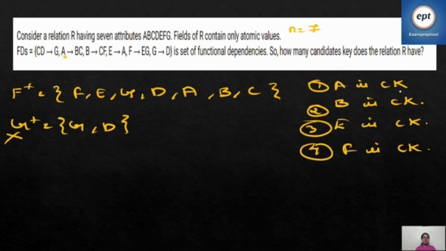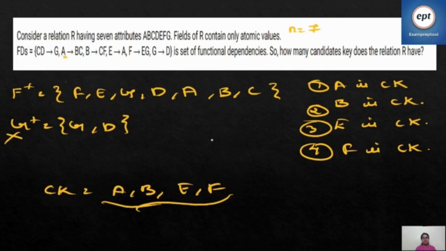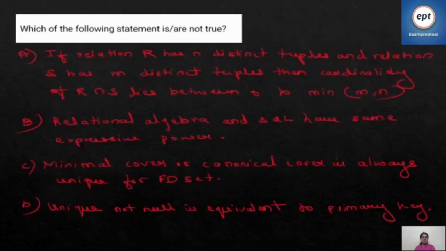So the candidate keys we got are A, B, E and F. So these are the 4 candidate keys we got from this functional dependency. So the question is, how many candidate keys does the relation R have? The answer will be 4. 4 candidate keys. Okay. Let's move to next question.